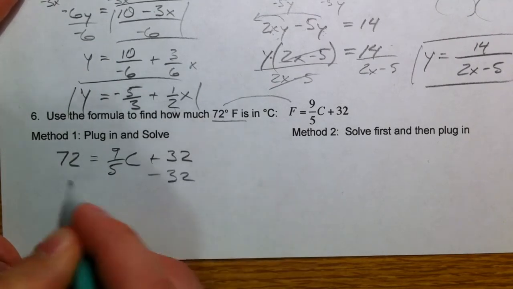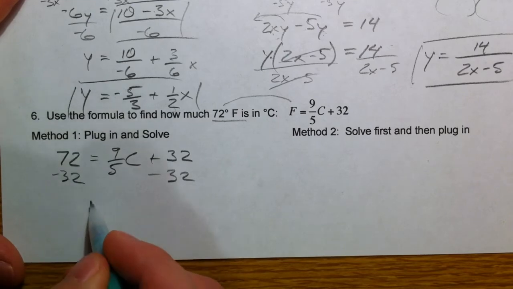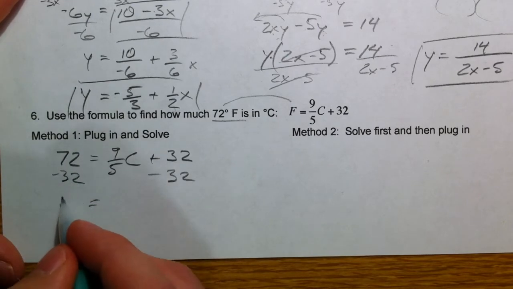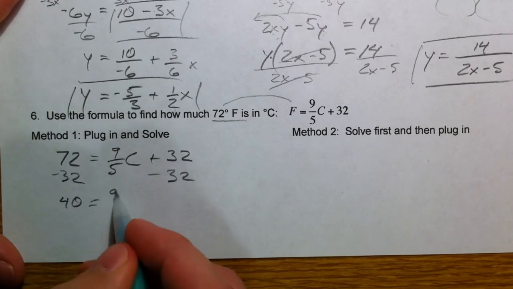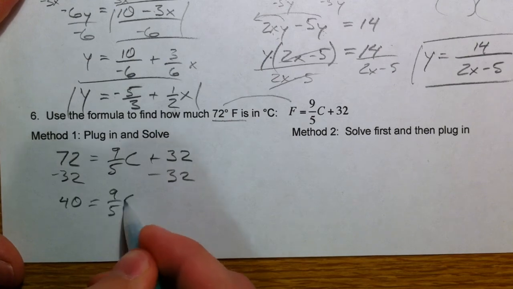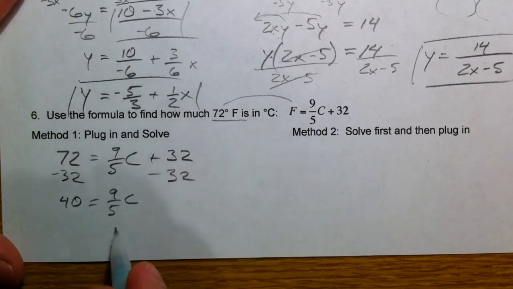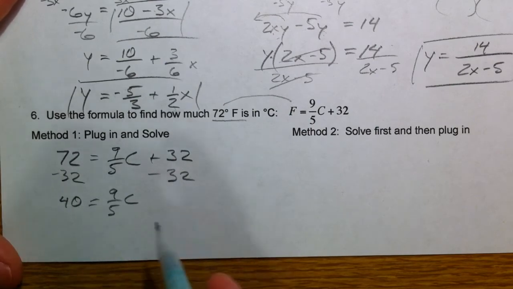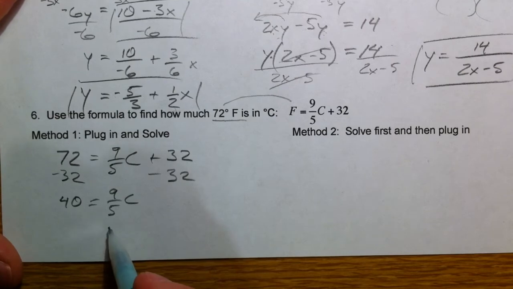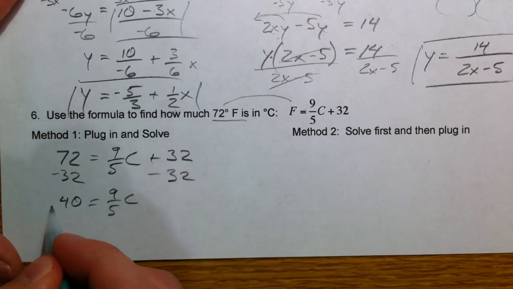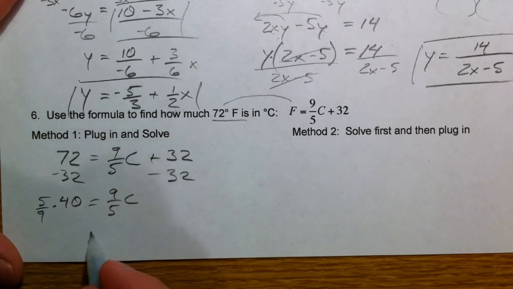So if we subtract 32, we get 72 minus 32 is 40, equals 9/5 C. And so how do you cancel out a 9/5? Well, you can divide by 9/5, but really the same thing as dividing by 9/5 is multiplying by 5/9.